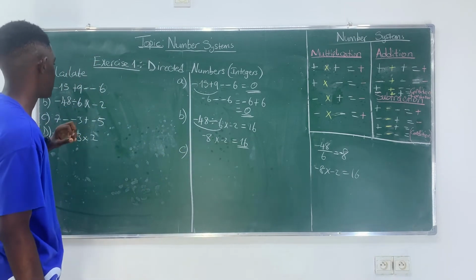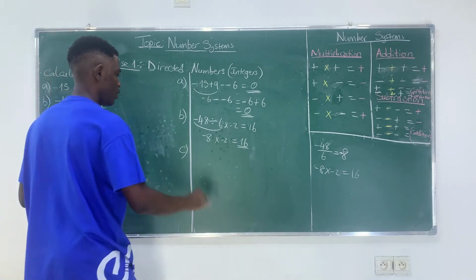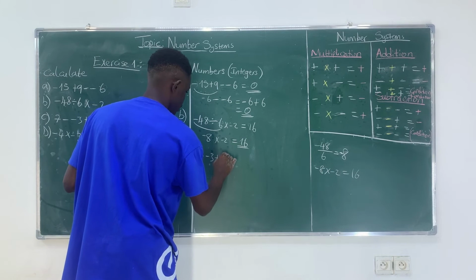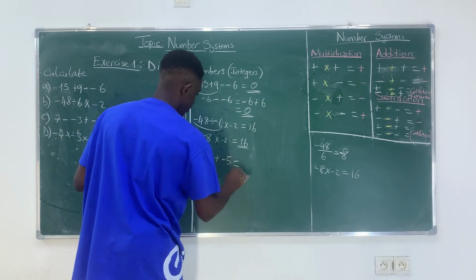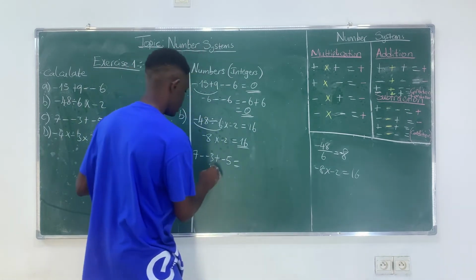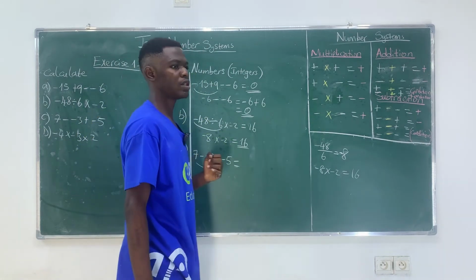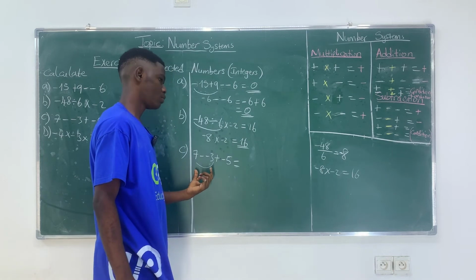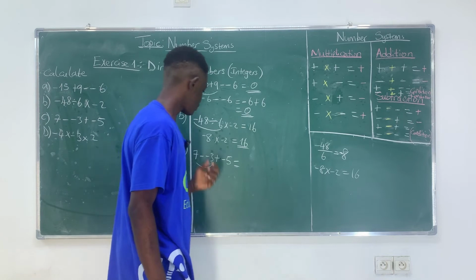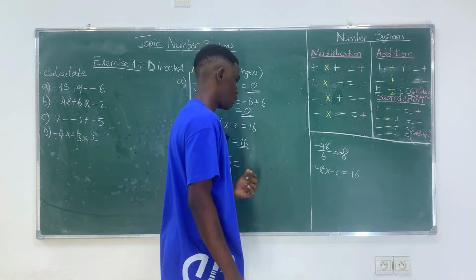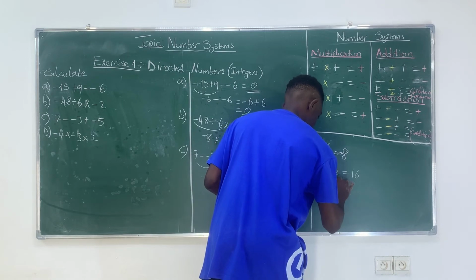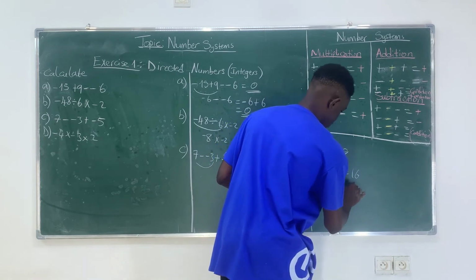The C part says 7 minus minus 3 plus minus 5. What is it equal to? Let's take the first part first. We always take the first part, then we can deal with the next parts. So the first part says 7 minus minus 3.